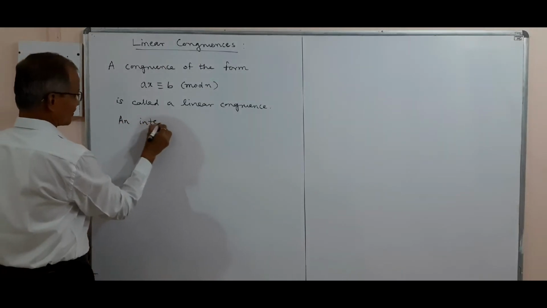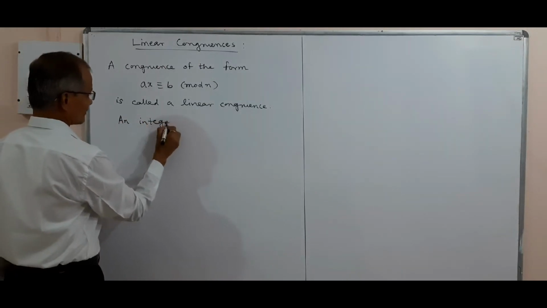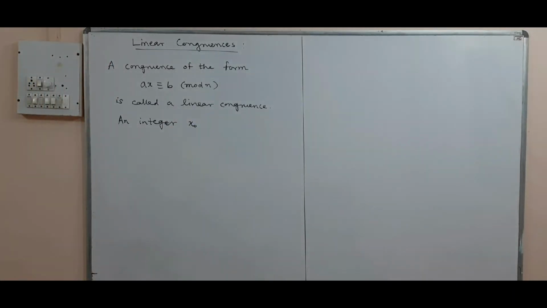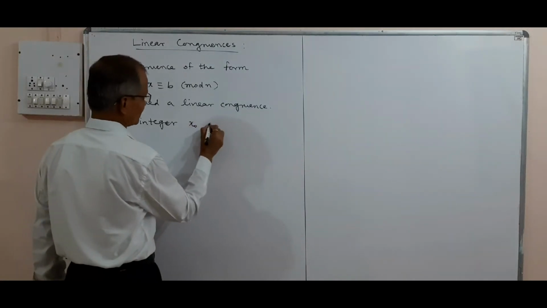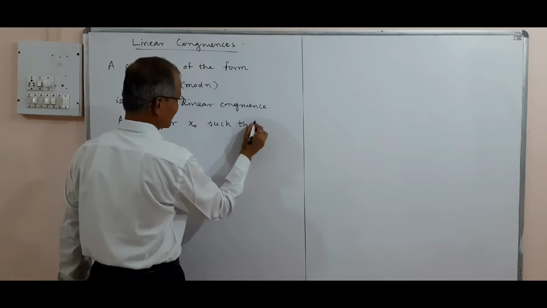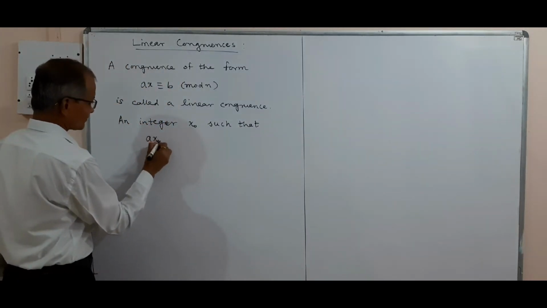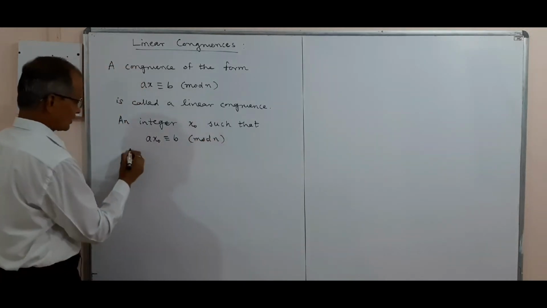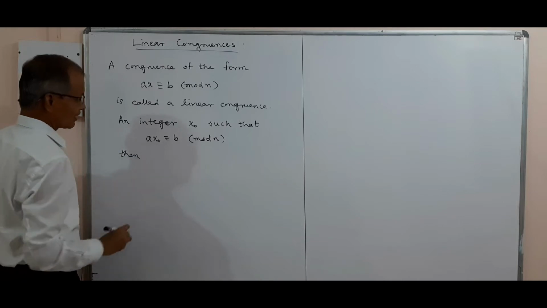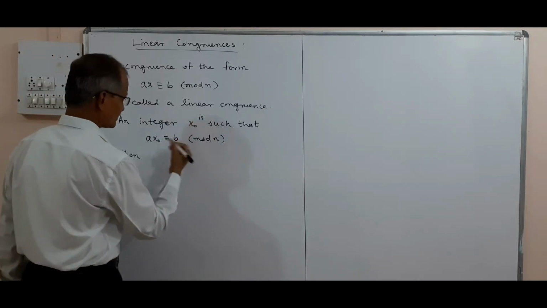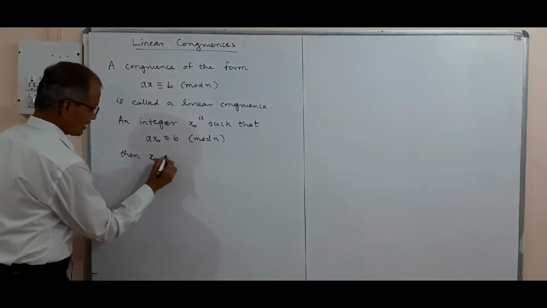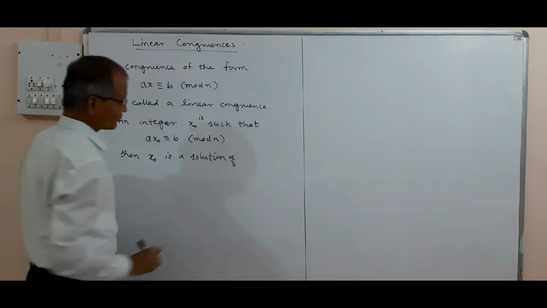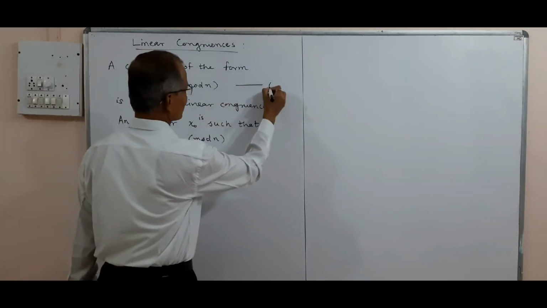So an integer x naught which satisfies this congruence, that is, ax naught is congruent to b modulo n, then x naught is a solution of the congruence. We suppose this as 1.